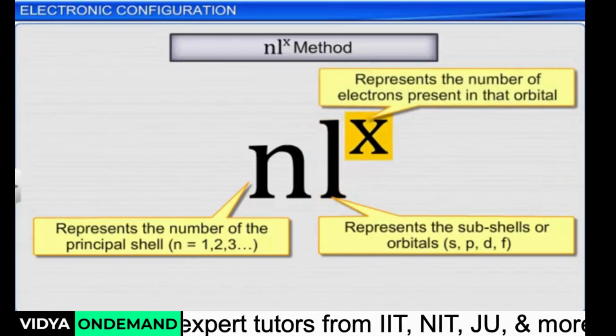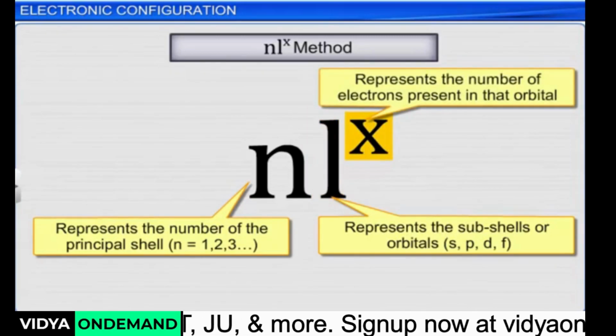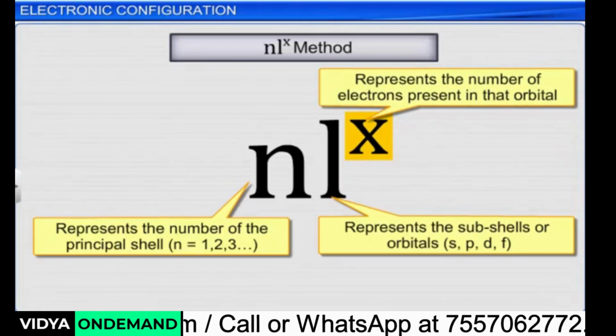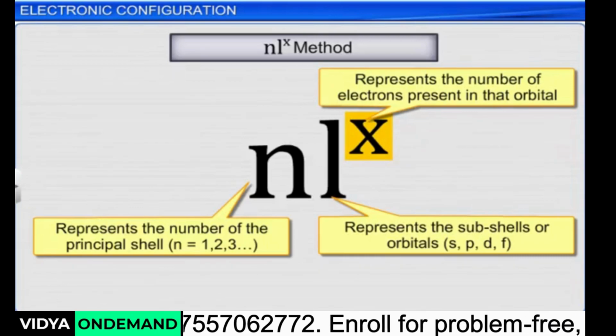For example, 3p2 denotes that the p subshell of the third principal shell contains 2 electrons.